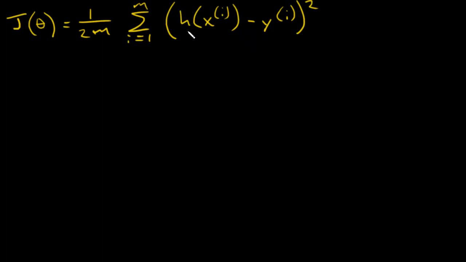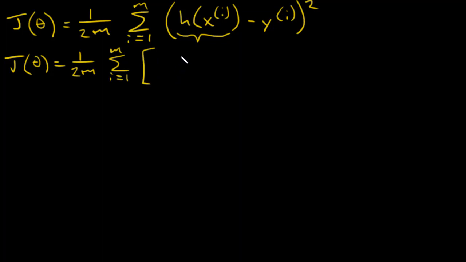So what I'm going to do is expand out this new hypothesis. If I do that, I get J of theta is equal to 1 over 2m, summation i from 1 to m of, here we go, I'll put a bracket right there.